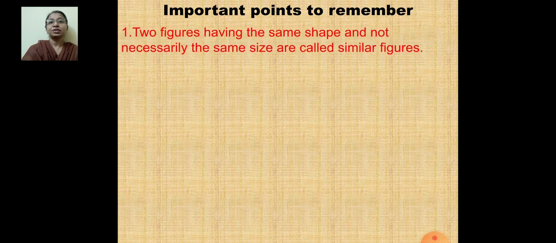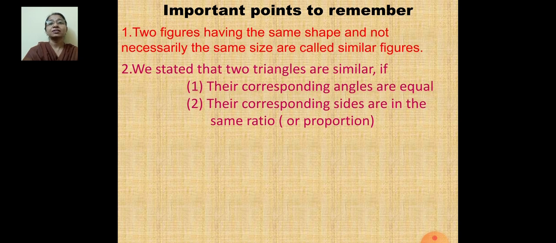So in the first video lesson, we have seen the definition of similar figures. Two figures having the same shape and not necessarily the same size are called similar figures. Then we have seen the generalized definition of similar triangles. If their corresponding angles are equal and their corresponding sides are in the same ratio, we can say that two triangles are similar.